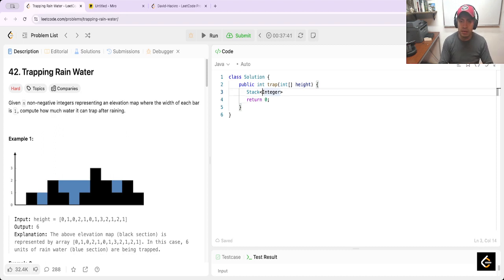Integer stack, it's equal to new stack. Yeah, this is a stack. Then another is a hash map. This hash map is an integer to integer map, it's equal to new hash map.